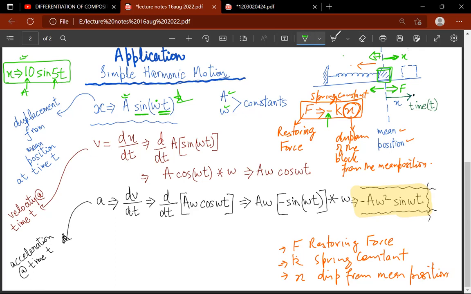So this function x equals A sine omega t gives me the displacement of this block at any time t. Avantika, are we clear about this or not?